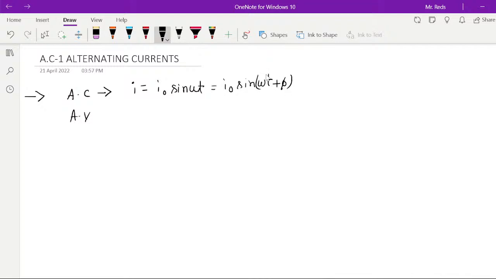This term is called the total phase or phase angle. At time t equal to 0, phi will be the phase. That phase is called the initial phase.